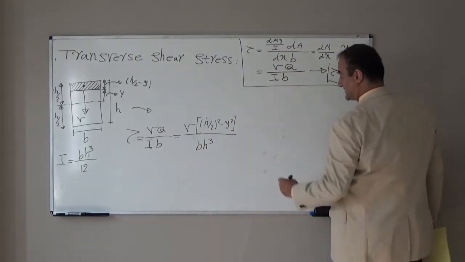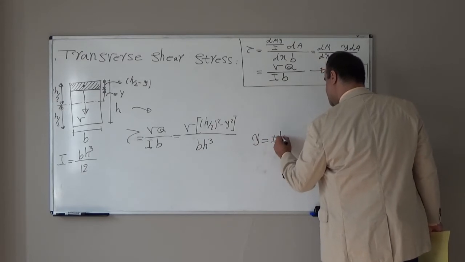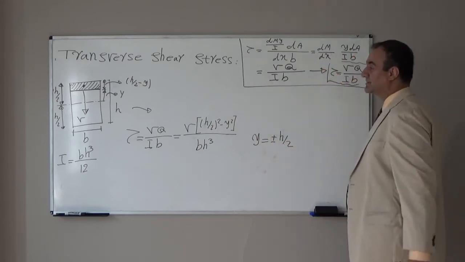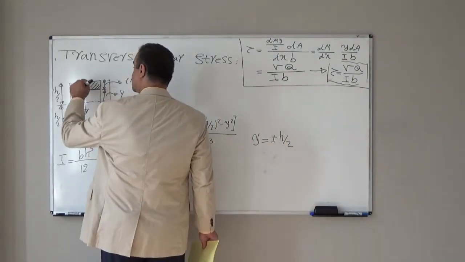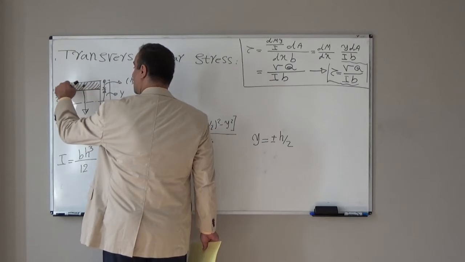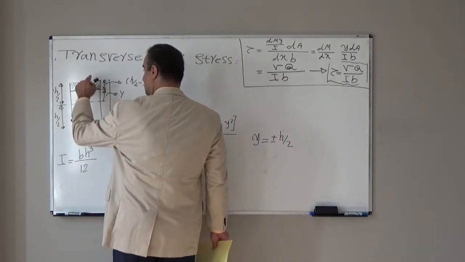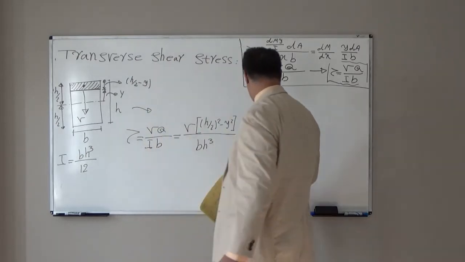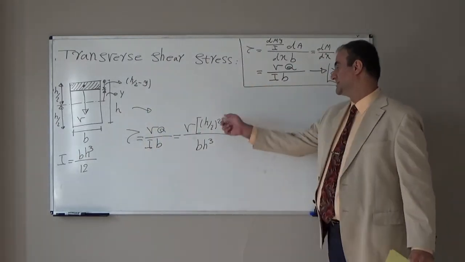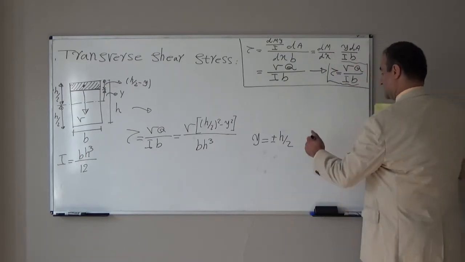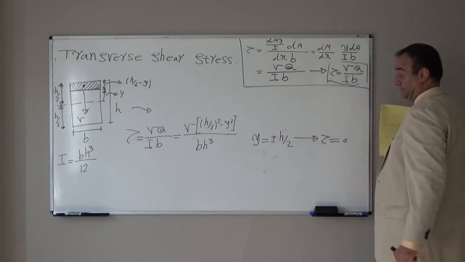Now let's see what's happening. If y is equal to plus or minus H over 2, that means we look at the shear stress in the extreme fibers, in the top fiber here and the bottom fiber here. In these two extreme fibers, if I put y equal to plus or minus H over 2, this term goes to 0, so tau will be equal to 0.